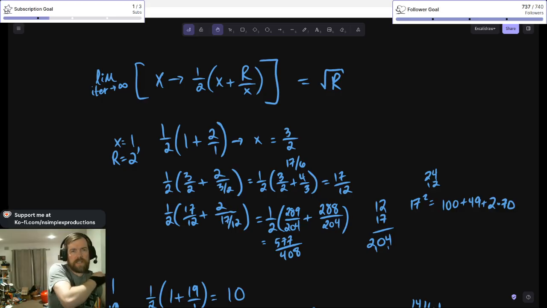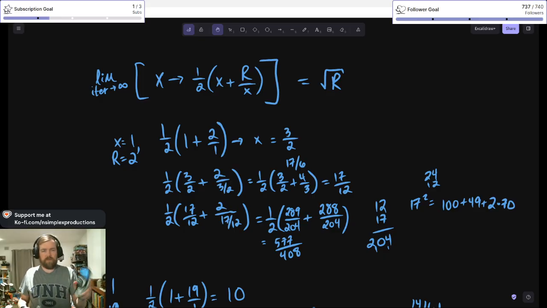And again, if we just take this and say, hey, just repeat it for me and throw it in the calculator or something, it will come up with a value that is much more accurate. I mean, literally it will make it to as many decimal places as you want it to go. You just basically recall your stored value for the square root of 2 and say, is it this?